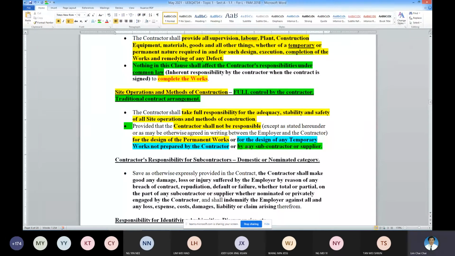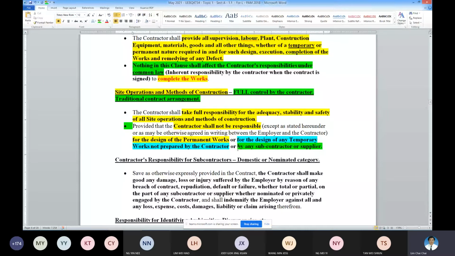There's a possibility that unless it is excluded, it is the contractor's responsibility. So generally, in a traditional contract environment, the contractor is going to be responsible for the permanent work and the temporary works, unless excluded in the contract.